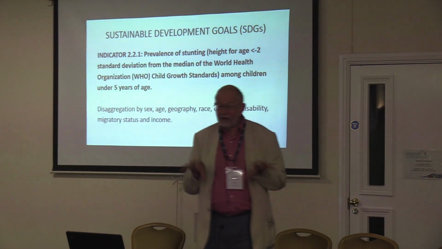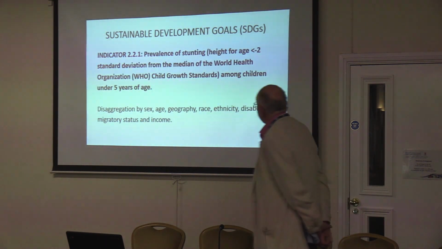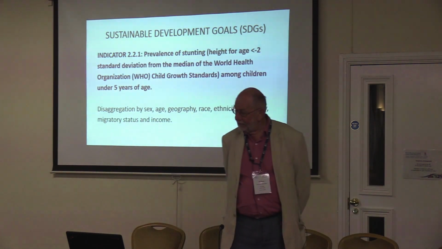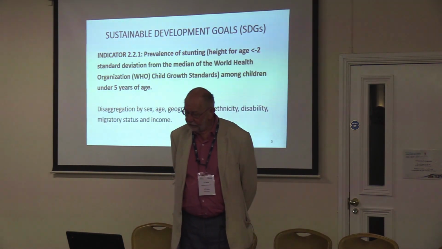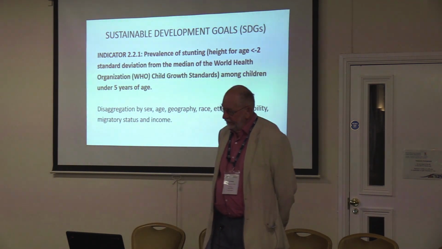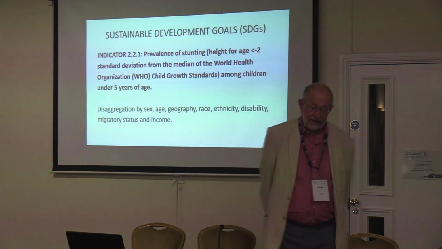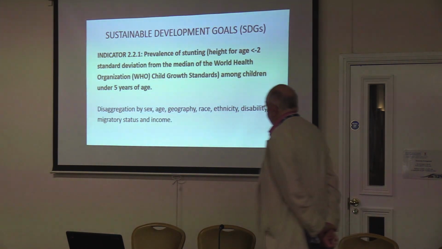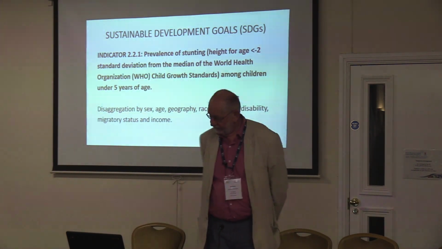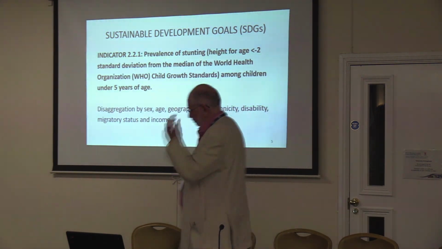One of the indicators, and the most relevant one for what I'm trying to talk about here, is the prevalence of stunting, where height is below 2 standard deviations from the median for a fixed age from the WHO growth curve standards among children under 5. And not only are countries expected to provide this information, but they're also expected to disaggregate it by a whole bunch of explanatory variables: sex, age, geography, and so on. So it's an enormous task.